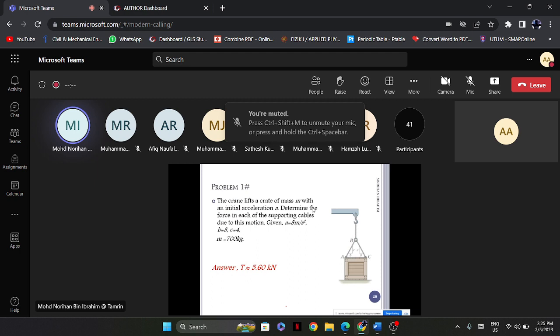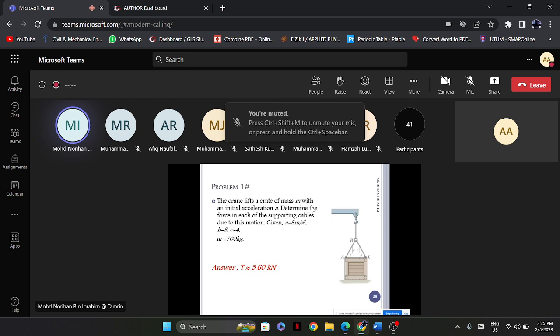And here is another one. This one is problem 1. You can try to do it at home. The answer here is T is equal to 5.60 kilonewtons. The question is, the crane lifts a crate of mass m with an initial acceleration a, where in this case the acceleration is equal to 3 meters per second squared upward.